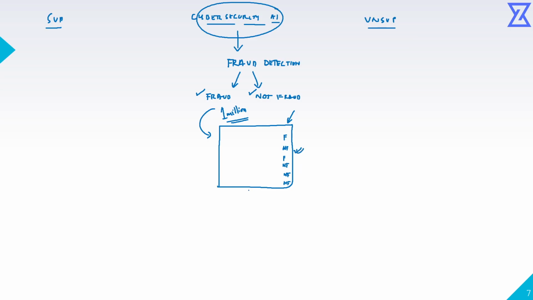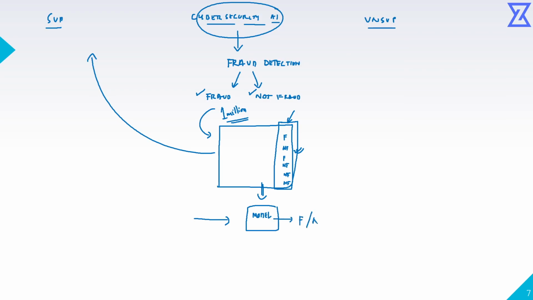If this is the case, it becomes a supervised problem. Life is sorted because you just use this data and train a model. Once the model is ready, if a new transaction comes in, the model will be able to predict whether it is a fraud or not fraud. Once you identify it as a supervised problem, life is sorted.